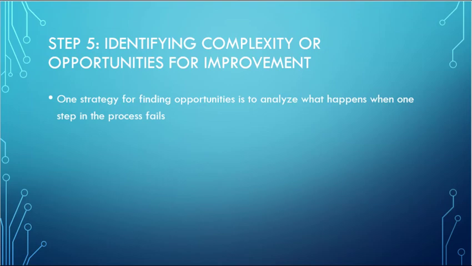How long do those defective intermediates exist? How long do we keep working on them after they're broken before we realize that they're broken? What happens if the stuff coming in from the customer doesn't meet our requirements and we don't catch it? So one way to look for opportunities for improvement is to look for what happens when things go wrong.